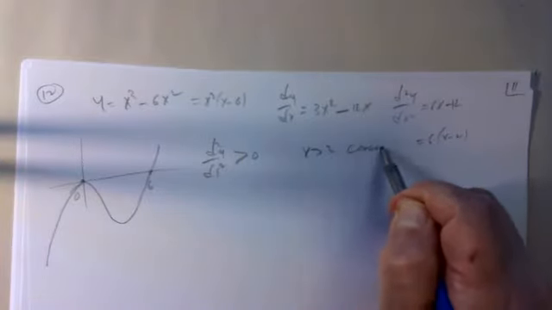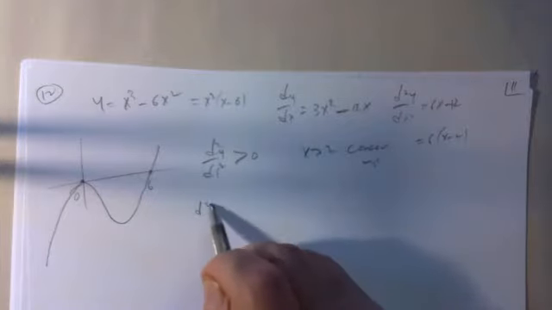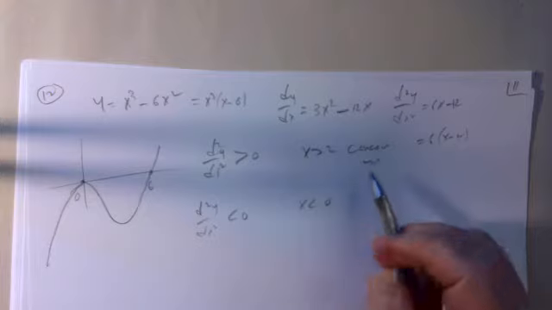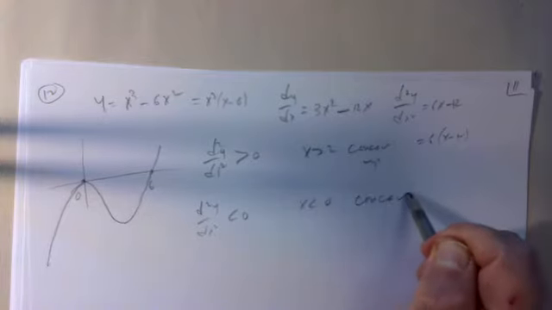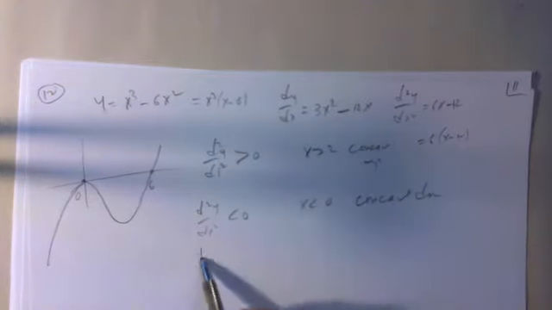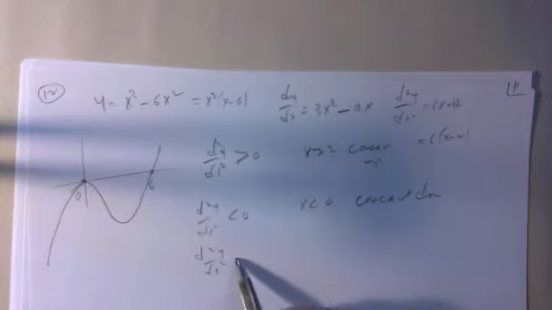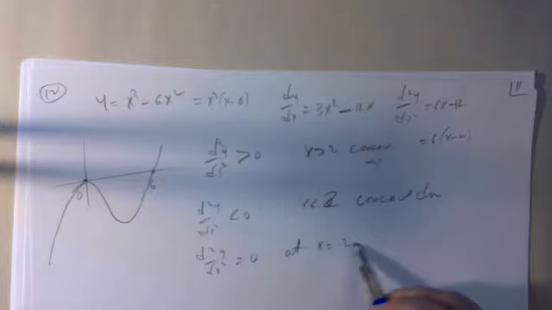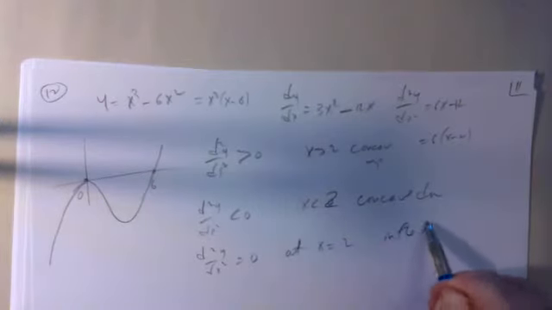So here is concave up. The second derivative is less than 0 when x is less than 2. So there is concave down. And the second derivative is 0 at x equal 2. And that's where we have the inflection point.